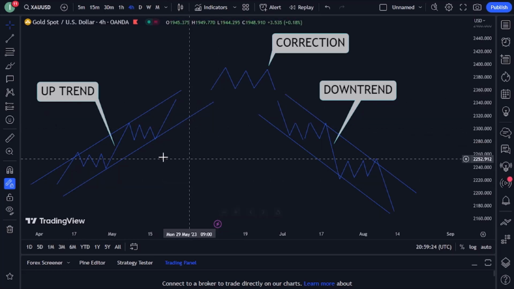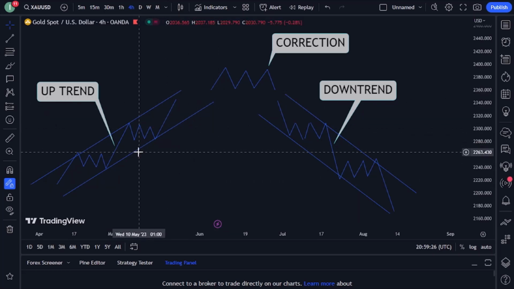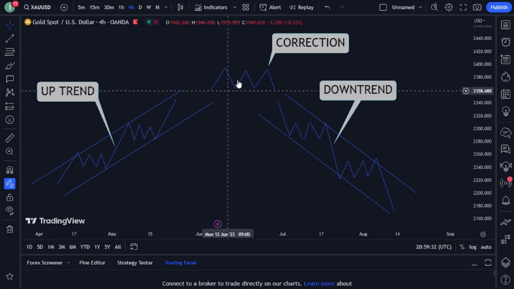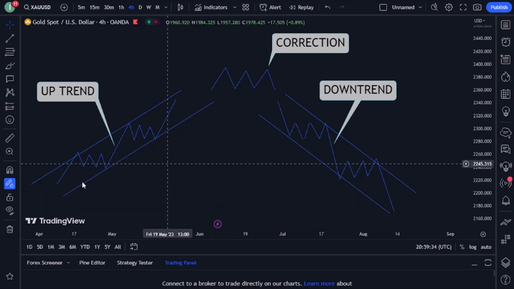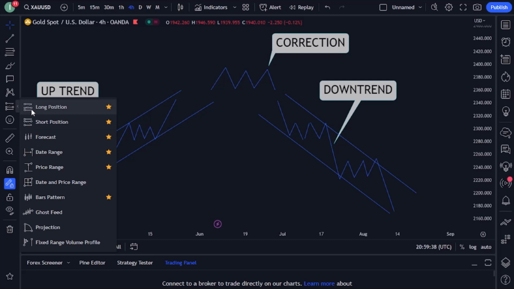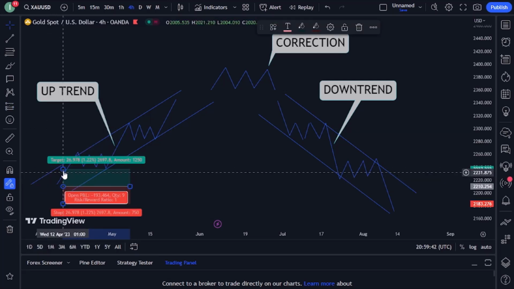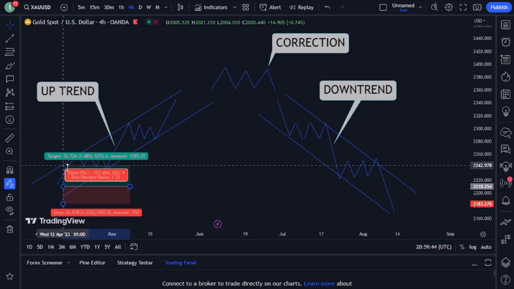Now, one of the guys who commented told me he starts to lose money when the market is correcting. Right? Let's say you just bought here.